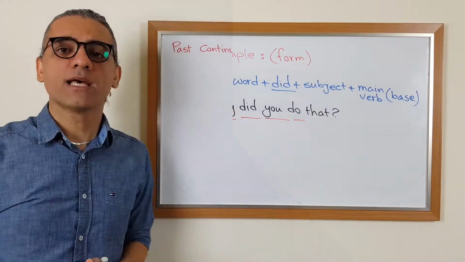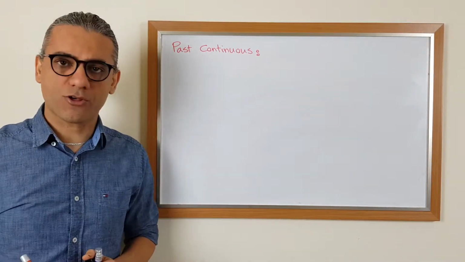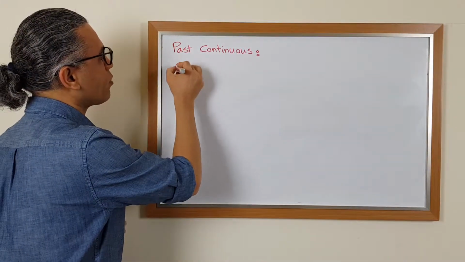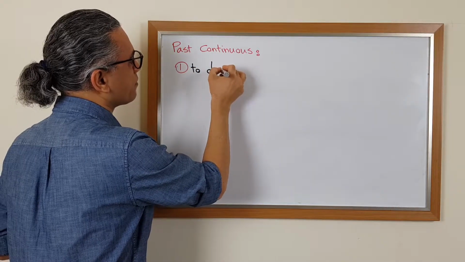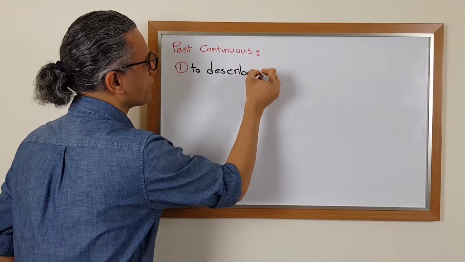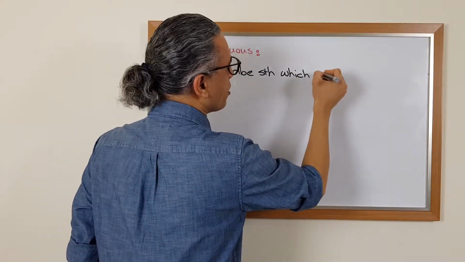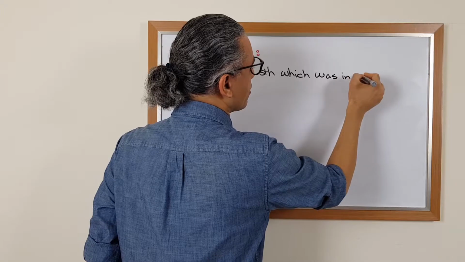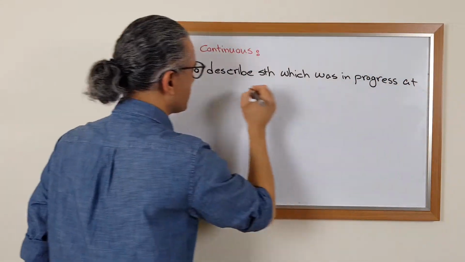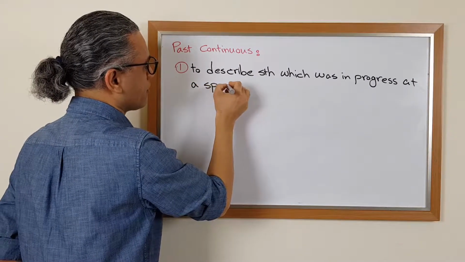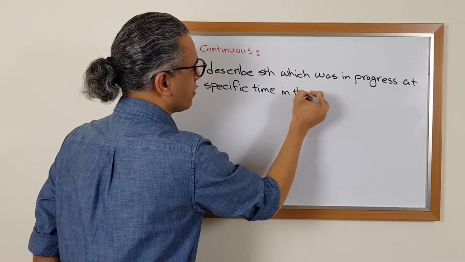Now, let's start talking about past continuous. Past continuous has two functions in English. Function number one, to describe something which was in progress at a specific time in the past.